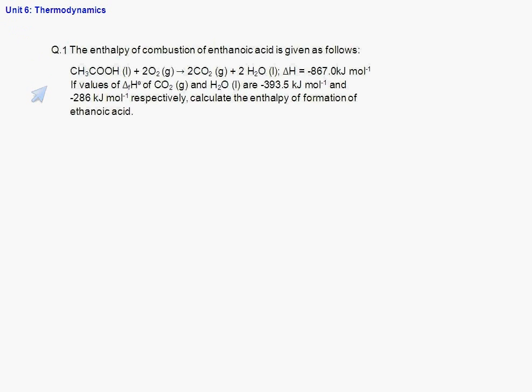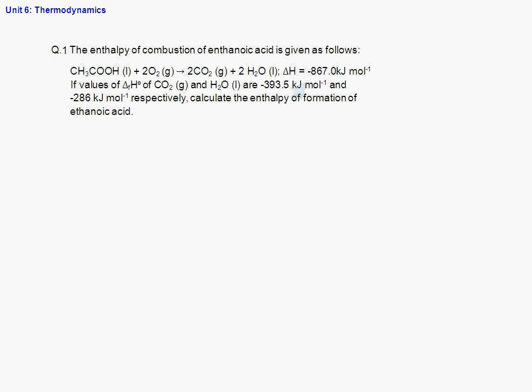Question number 1: the enthalpy of combustion of ethanoic acid is given as follows. The reaction is CH3COOH liquid plus 2O2 gas gives 2CO2 gas plus 2H2O liquid, and delta H is minus 867.0 kilojoule per mole.